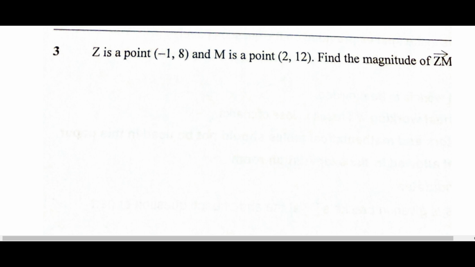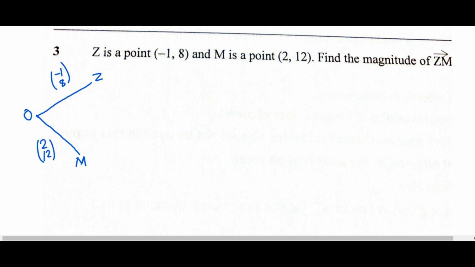Let's consider these as vectors, which are originating from 0. So we'll put our Z here, with negative 1 and 8, then we put our M here, with 2 and 12.